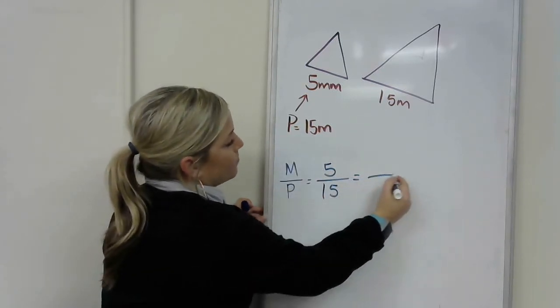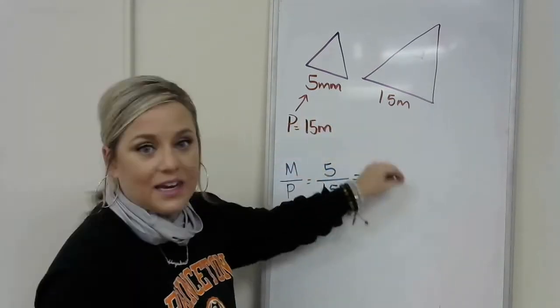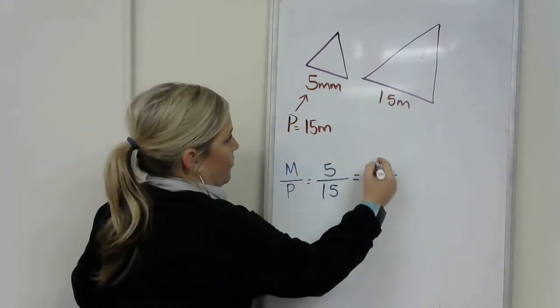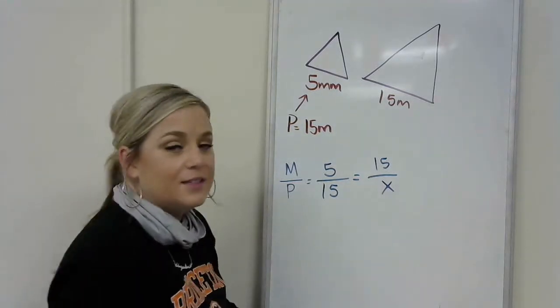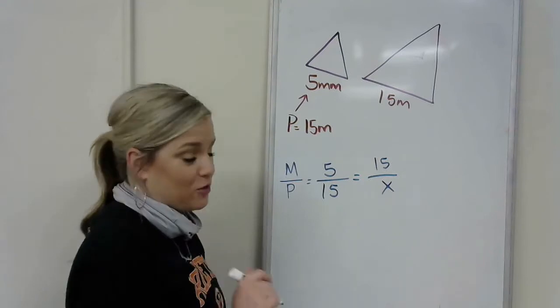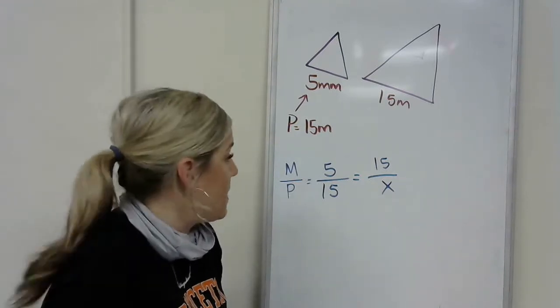This equal sign means that whatever's over here has to equal what's over here. So I know the measurement for over here, but I don't know its perimeter. That's what I'm trying to figure out. I'm going to show you two ways to do this, and this is just really pretty and neat, and it works really good.